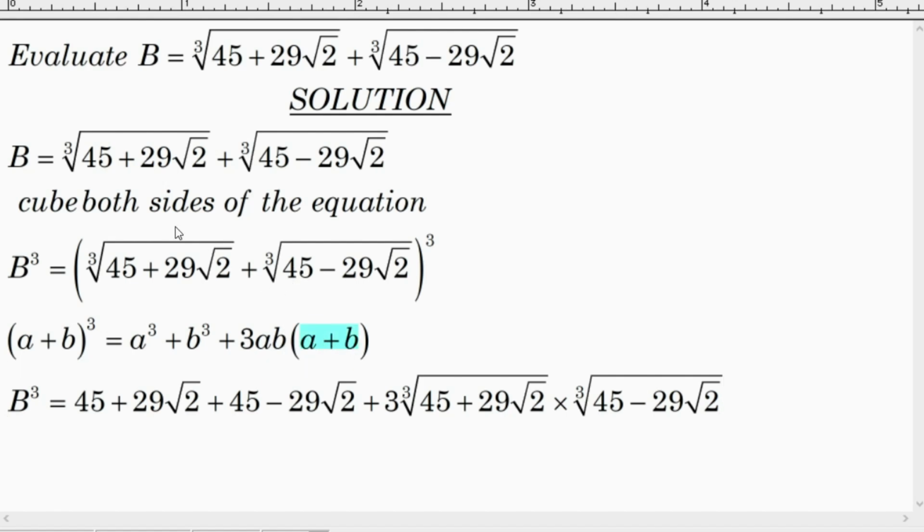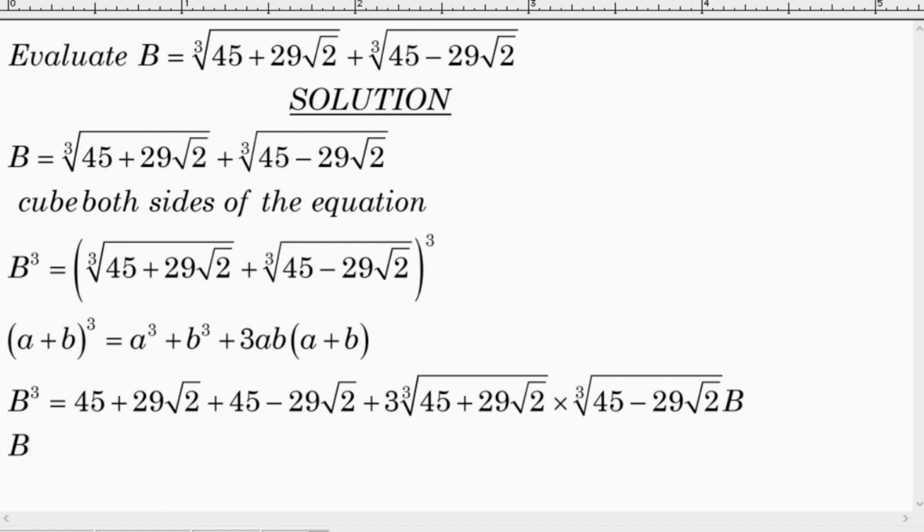Like we said, this stands for a and this stands for b, so a plus b is equal to capital B. So we can substitute capital B for a plus b, which means we just multiply by capital B.